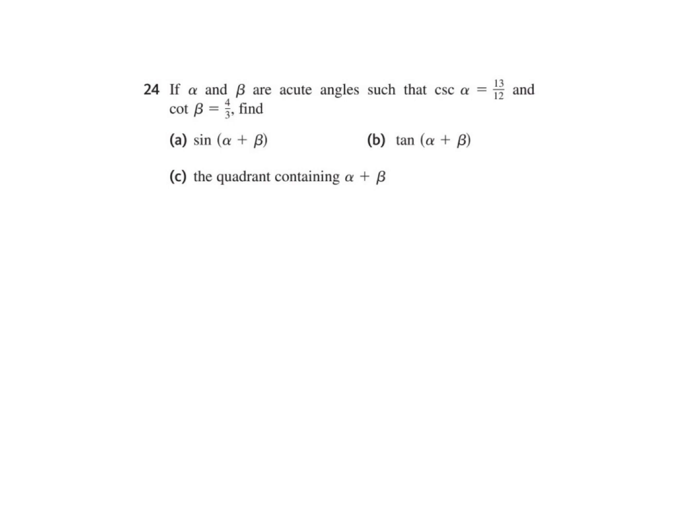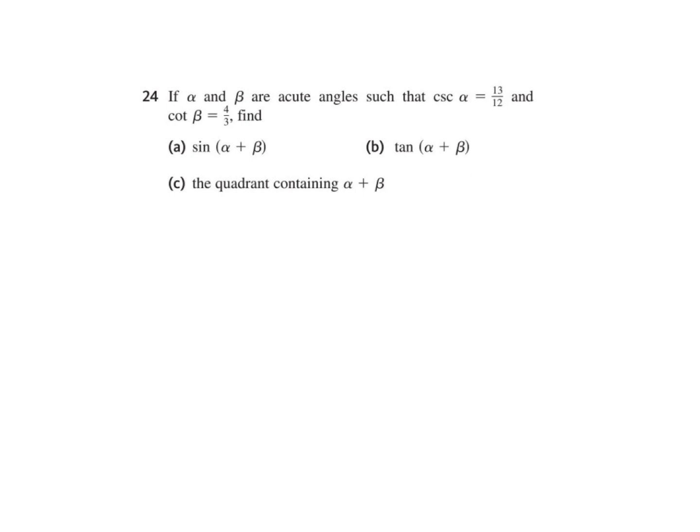Okay, again, here we go. Cosecant goes with sine, so this would be sine of alpha is 12/13. It's positive. The cotangent is x over y, and it's positive. Okay, so the cotangent is x over y, 4/3.